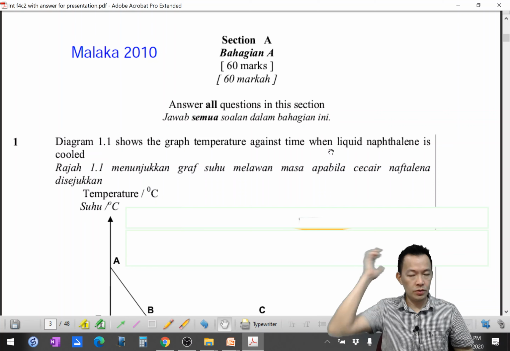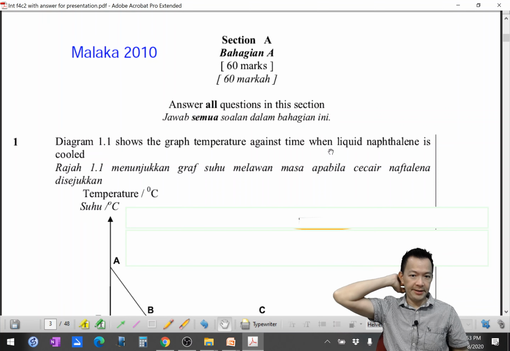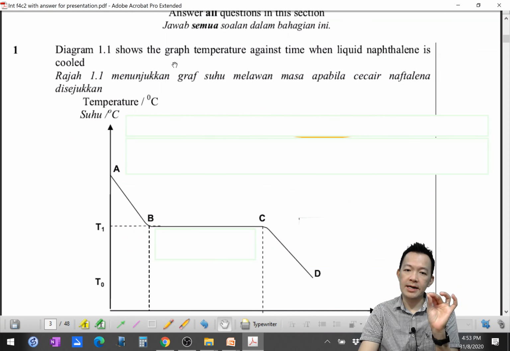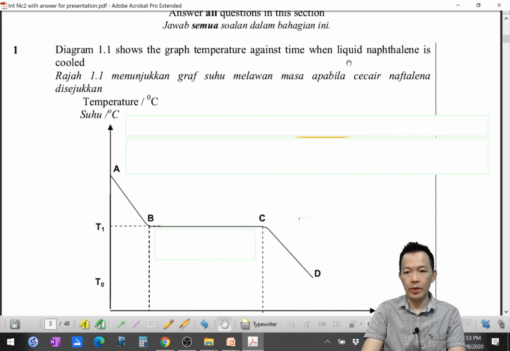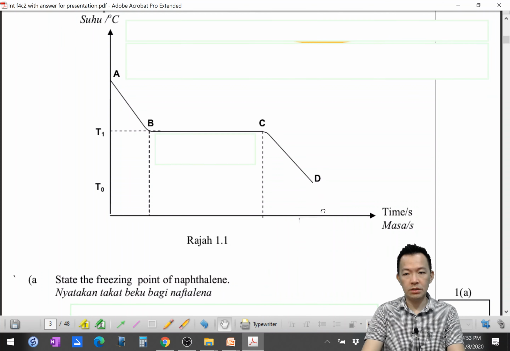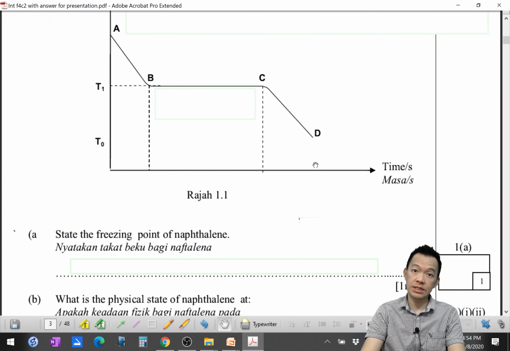OK, so I continue，我又再继续了啊，下一题。Diagram 1.1 show the graph temperature against the time when the liquid naphthalene is cool，液体的 naphthalene 给它冷却下来。OK, so this is a curve。你大概也看过，你 Form 5啊，小姐、小先生。State the freezing point of the naphthalene.